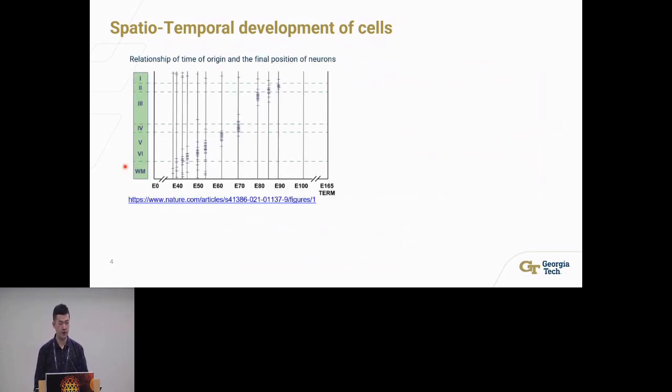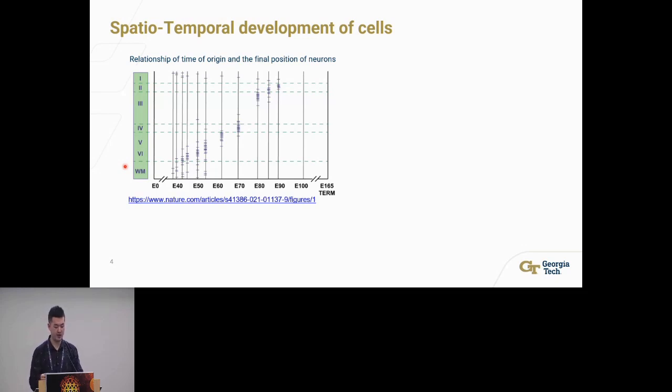We look at a very old experiment on the mammalian prefrontal cortex. This experiment labels the neuronal stem cells at the inner side of the cortex and observes the origin and the final position of the neurons at different developmental stages.